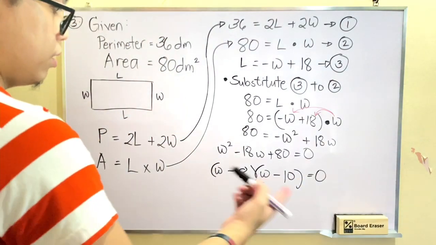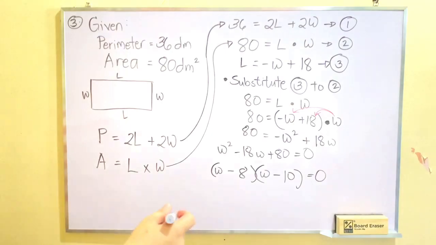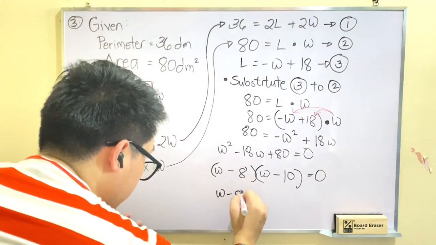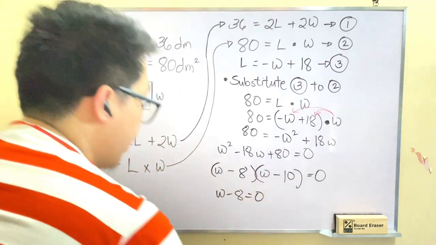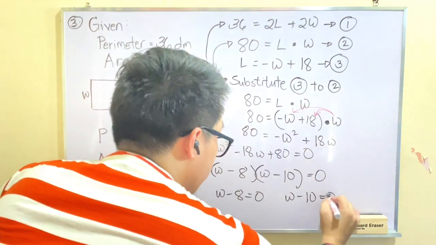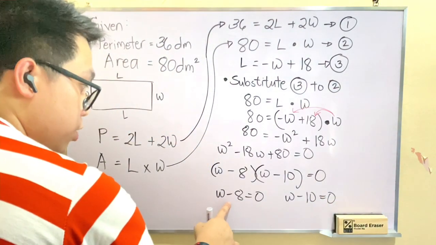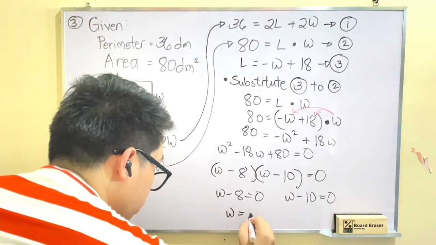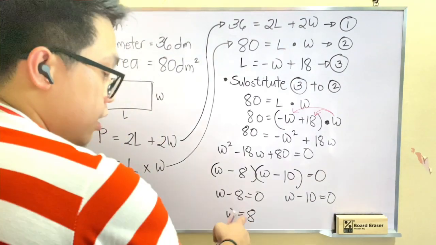Therefore, meron tayong dalawang equation. So, w minus 8 is equal to 0 and w minus 10 is equal to 0. W minus 8, pag nilipat si 8 sa kabila, magiging w is equal to 8 or positive 8.